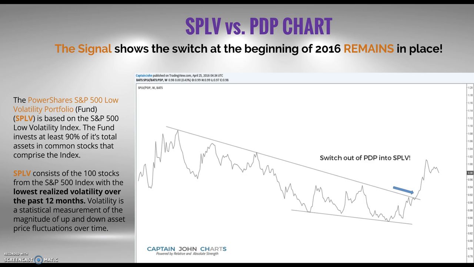Now, if you look at what happened with the switch on the chart, when you look at the high momentum PDP versus the low volatility SPLV, you'll see we had a breakout. And if you switched some of your money from one asset to the other, one product to the other product, Kim, you can point that out, please.